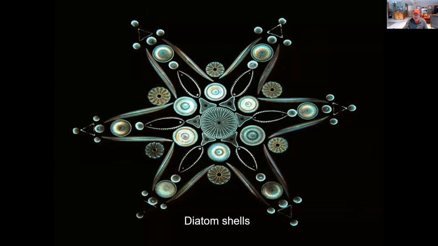Speaking of which, let's look at a couple interesting slides that have been made. These are actual individual diatom shells. Each one of these circular or slender elongated structures are individual shells of dead diatoms, a type of algae. And you can imagine the amount of work that went into putting together this very elaborate design.